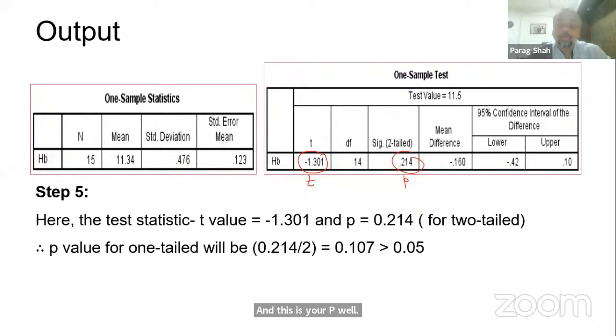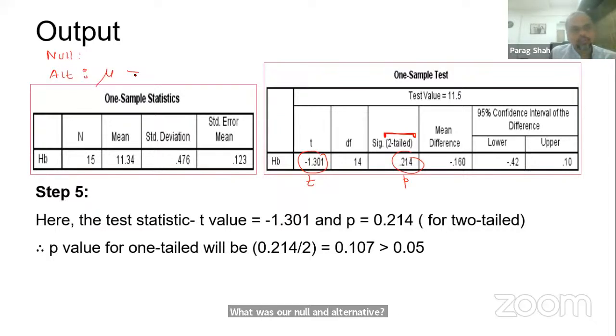See now the problem. Understand it carefully. SPSS always gives you the p value for two tail. What was our null and alternative? The alternative was more than 11.5, and the null was less than or equal to 11.5.